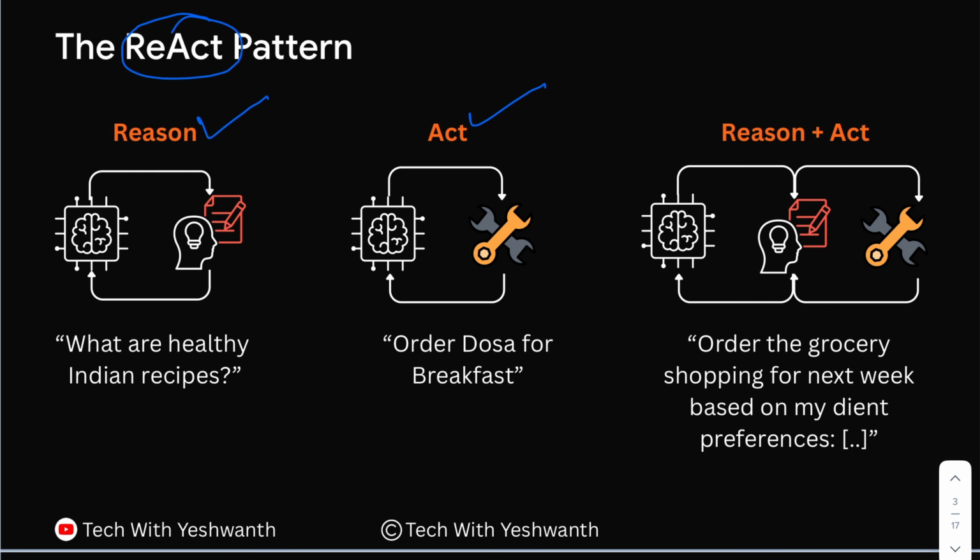For example, let's say a user asks, what are some healthy Indian recipes? And also says, order those for breakfast, right? So the agent will first reason about your diet preferences and then take actions by placing an order or even doing grocery shopping for the next week for you. So that's how it actually works.